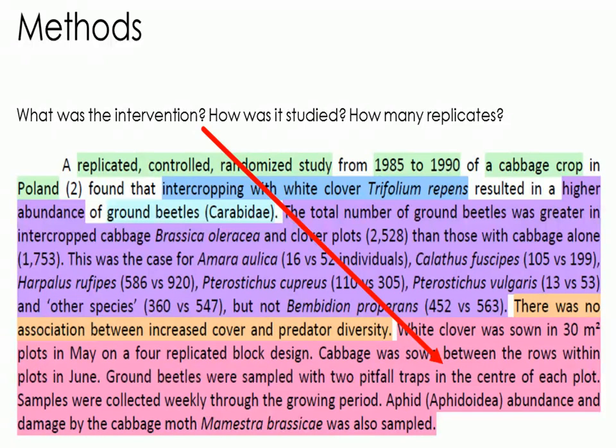Or you might have multiple meadows that you mowed, and a single quadrat at each of those meadows where you're measuring plant diversity. Those represent different kinds of replication, and it's a bit tricky to figure out what you should report here. So we'll talk about this as you go through your examples later. But just be aware that you should be trying to report the level of replication if it's a replicated study.